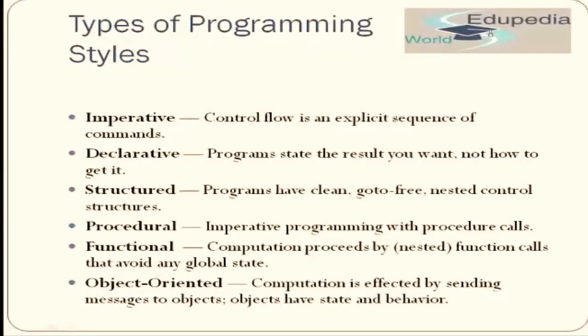It won't define how you will get it. Then is structured. Structured programs have clean, goto-free nested control structures. So it's like clean programming, where you have nested control structures, that is braces within braces.